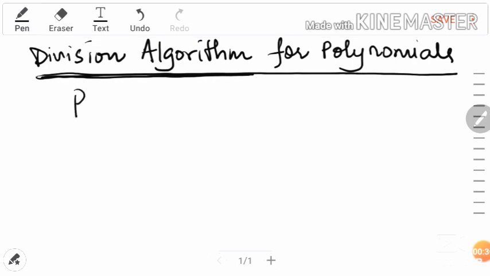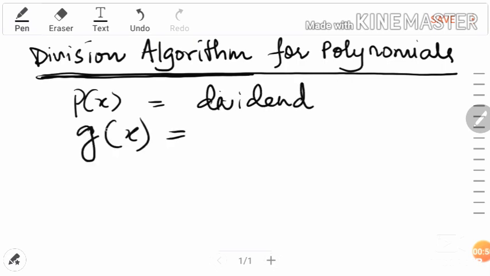So if p of x is the polynomial that is being divided, then that is the dividend. G of x is the polynomial that is dividing, then this polynomial is called the divisor.